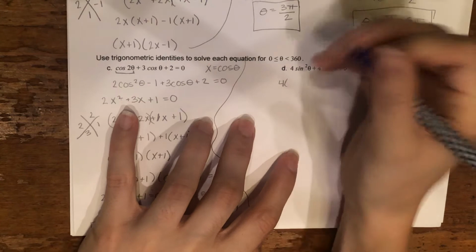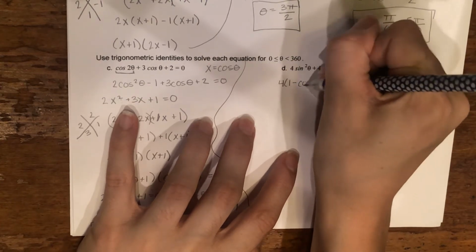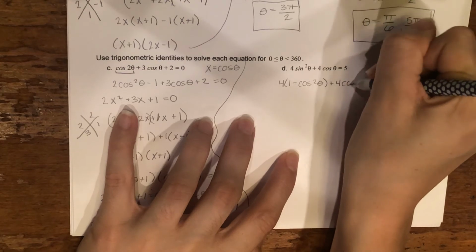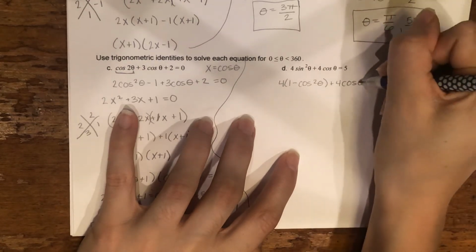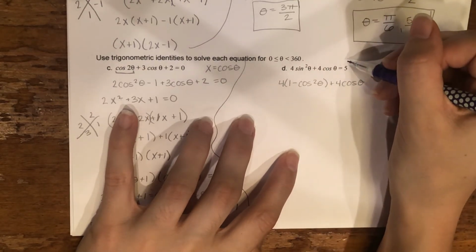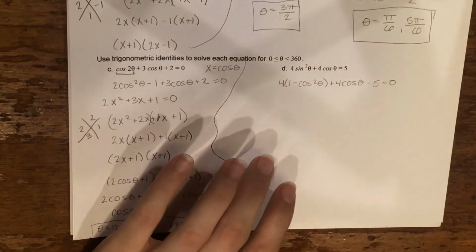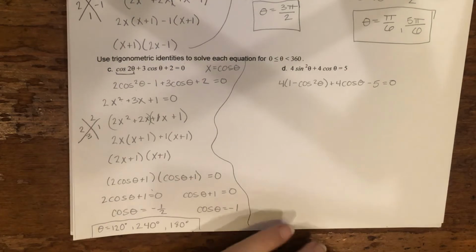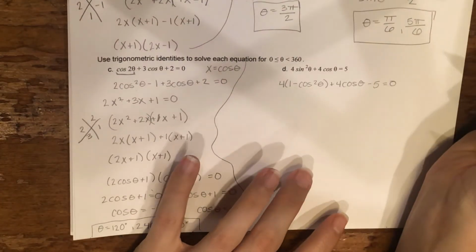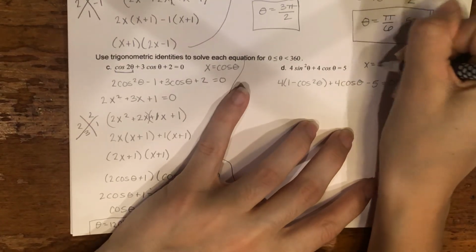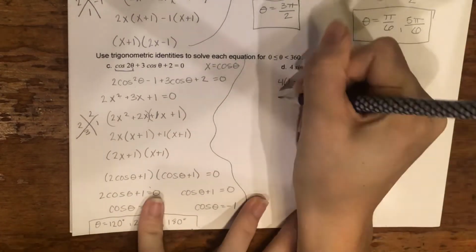That way I would have 4 times 1 minus cosine squared plus 4 cosine. And I'm actually just going to subtract this 5 over right now, just kind of combining some stuff together. Okay. If you want to put it to x right now, that is fine. X is going to equal cosine.